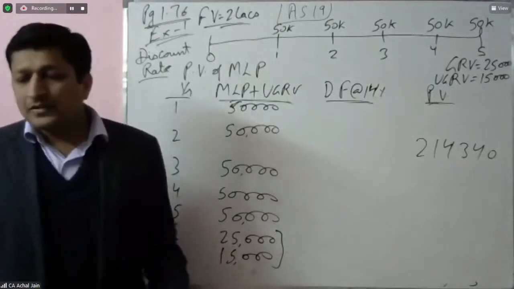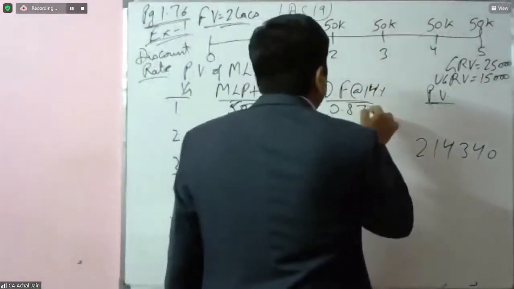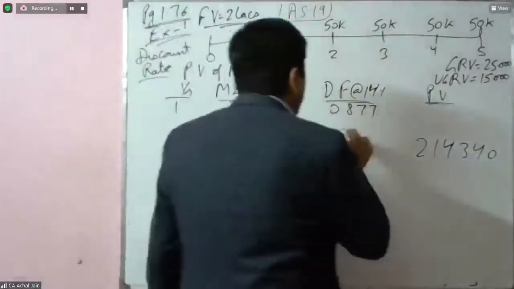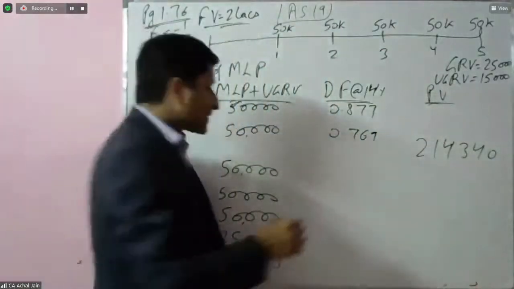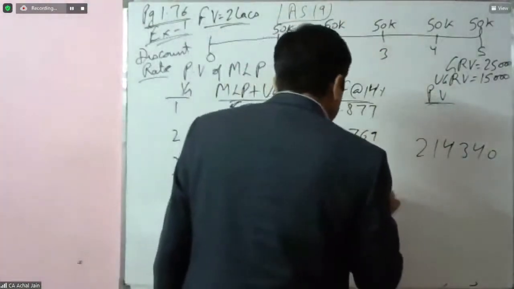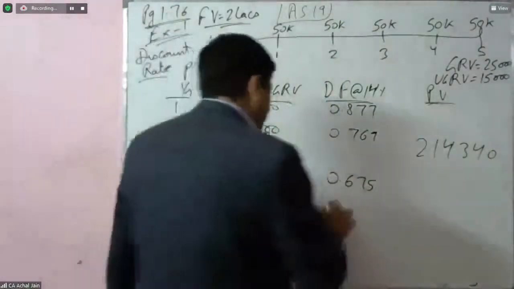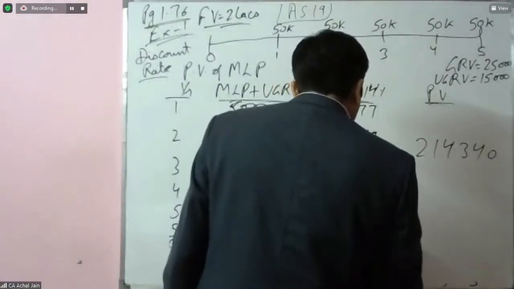The methodology will remain the same. Now we have to put the discount factors. So this is 0.877, 0.769, then 0.675, then 0.592, 0.519.